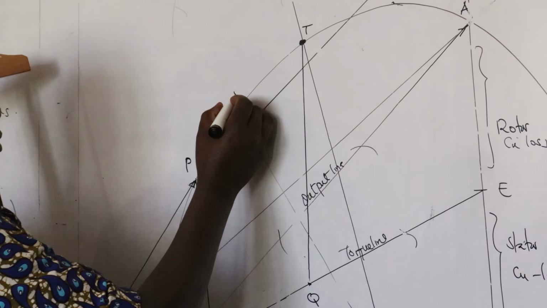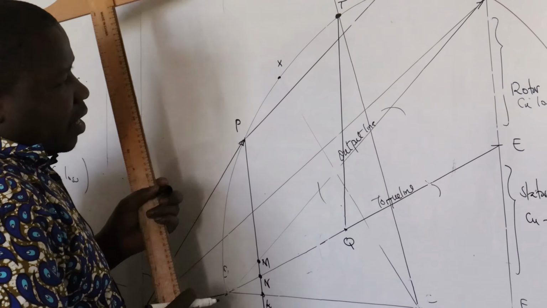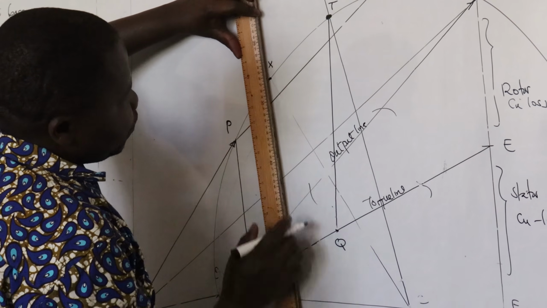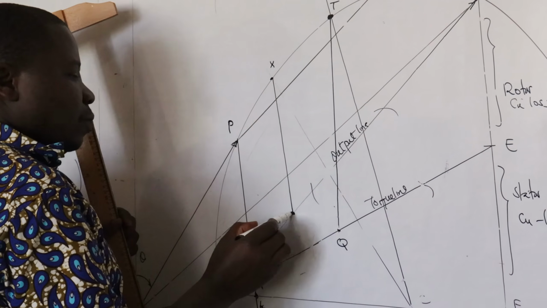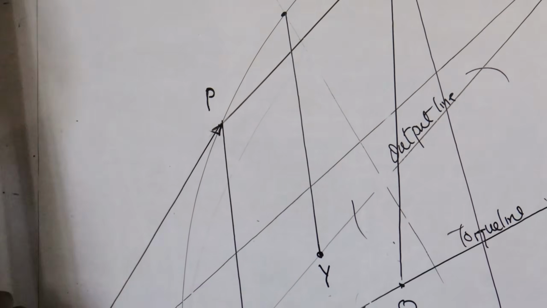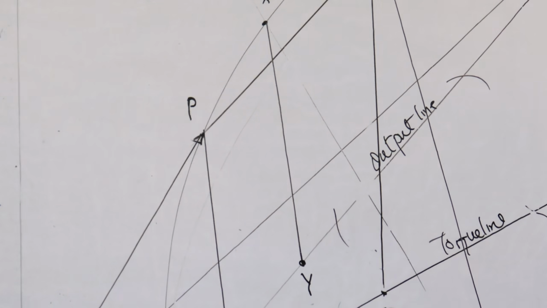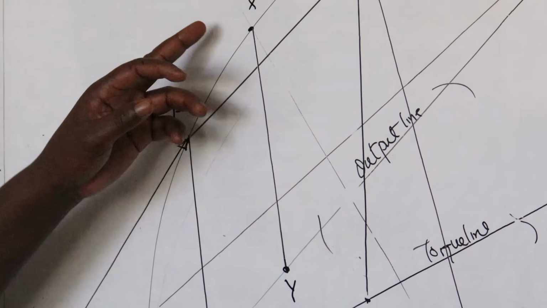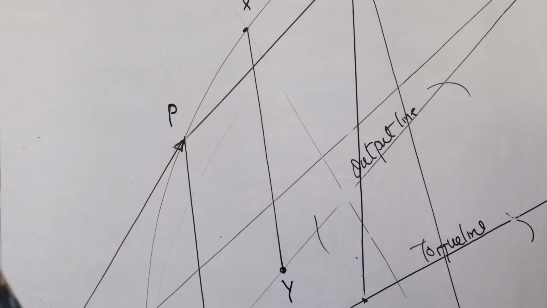X. Then drop it back to output. Output. Y. X. If that line is touching the circle, X, drop it back to output again.